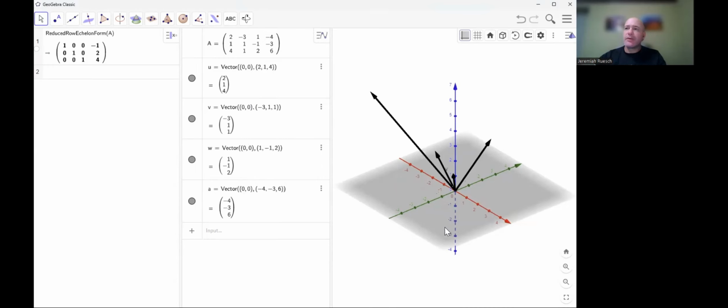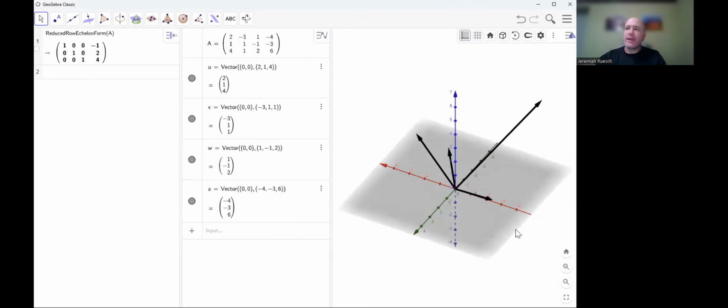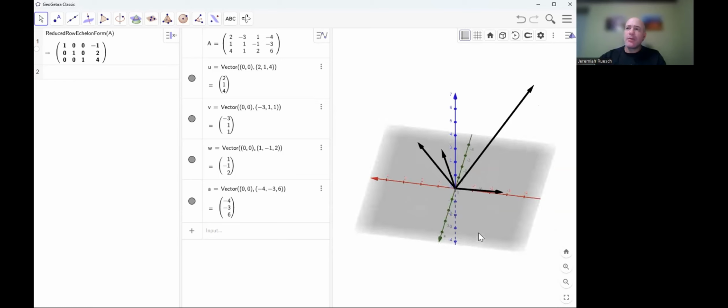Okay. So if you notice, these are the 4 column vectors of our matrix A. And what we saw in the row reduced echelon form is that 3 of these are what we would call linearly independent, meaning they can be reduced to a pivot element.